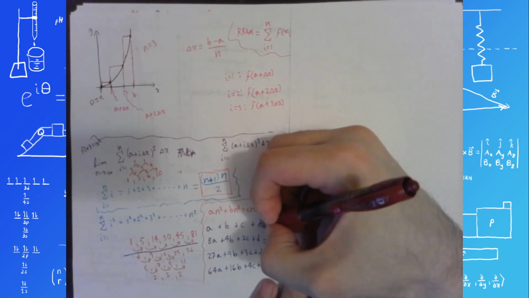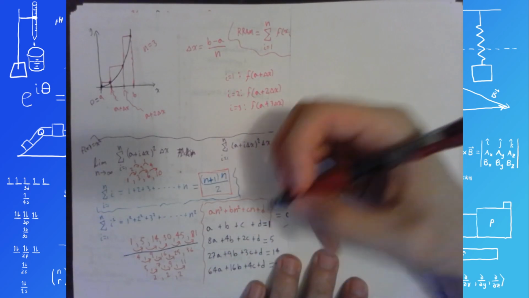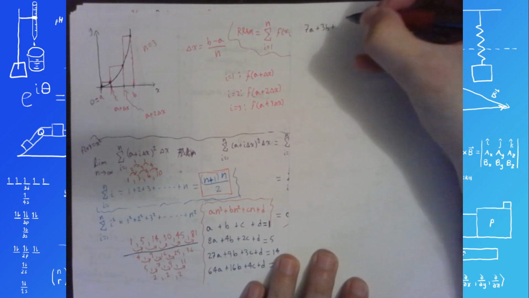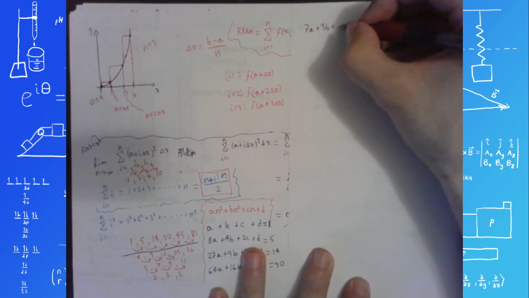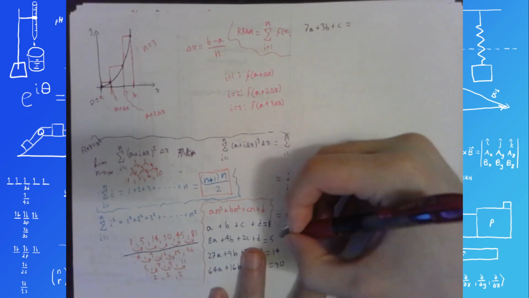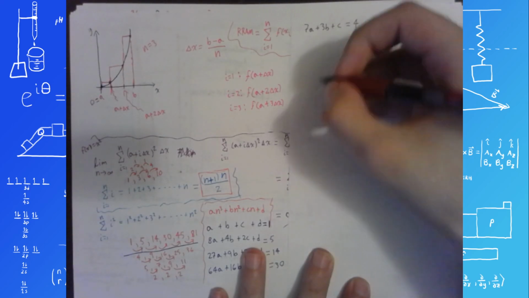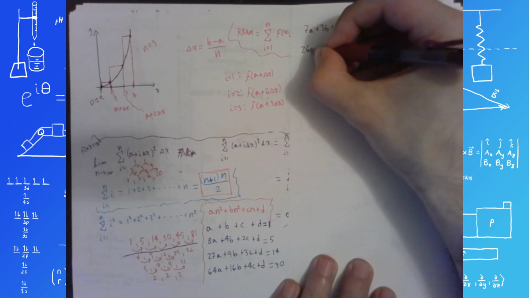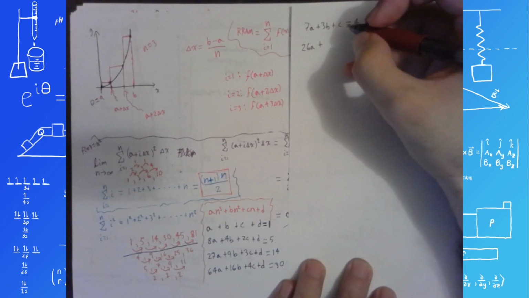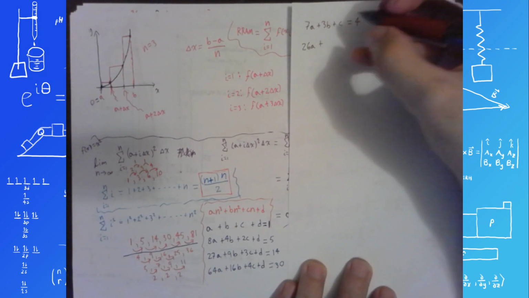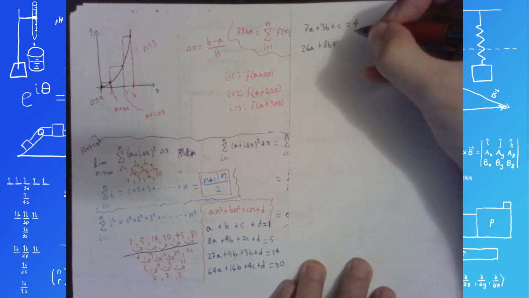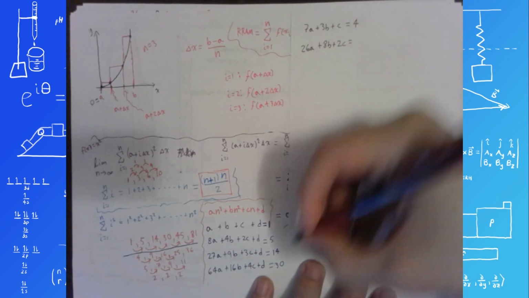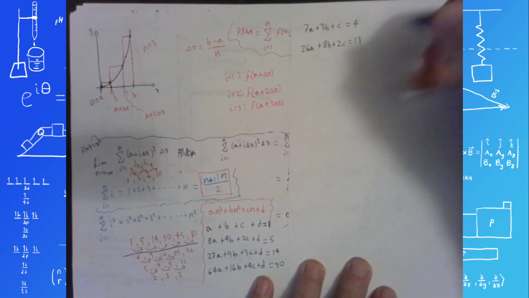If I subtract a plus b plus c plus d equals 1 from the second equation, then I get 7a plus 3b plus c equals 5 minus 1 equals 4. If I do the third equation minus the first, I get 26a plus 8b plus 2c equals 14 minus 1 is 13.